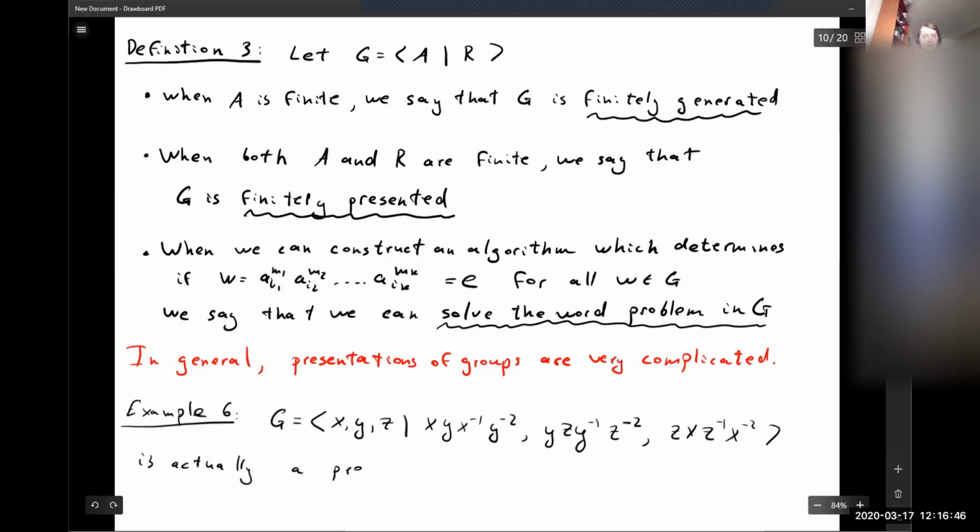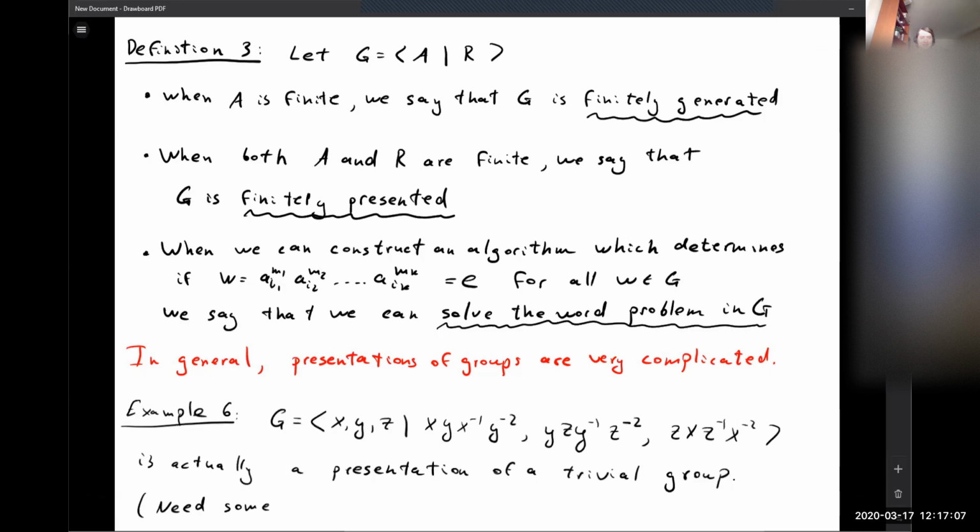One needs some calculations to see that. This is just an illustration of how group presentations can be very hard.